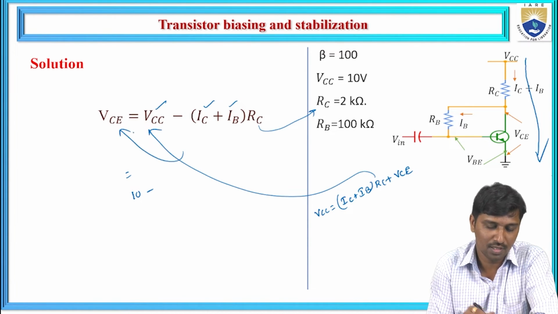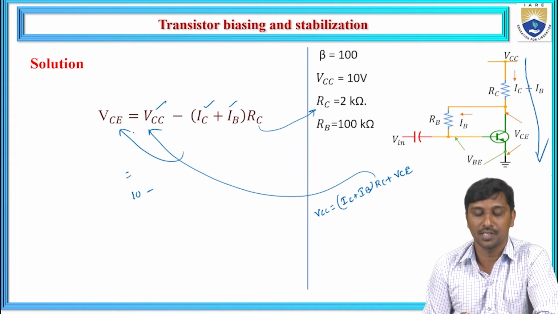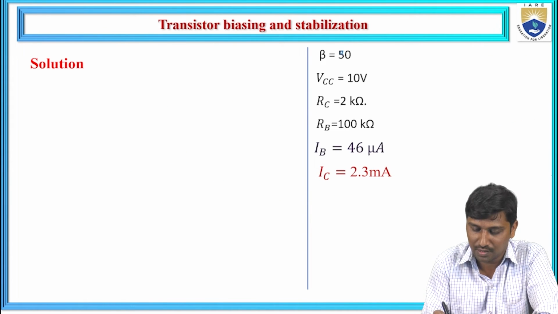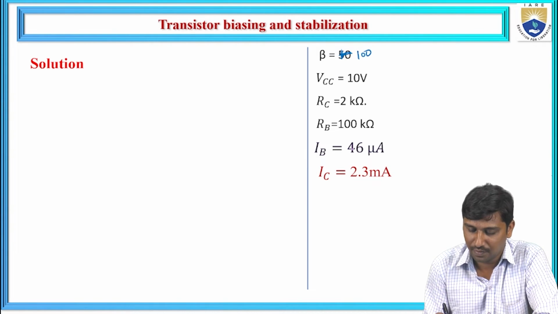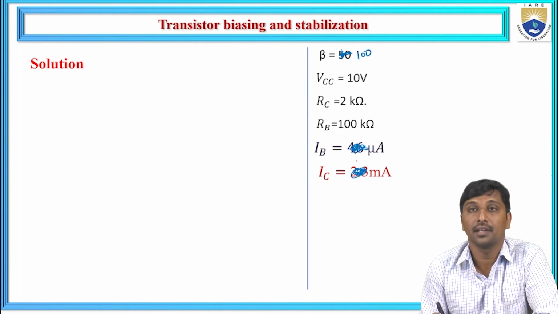Then we can observe how much VCE is produced here. Here the beta is 100. Just find out the IB values and IC values based on the given specifications.